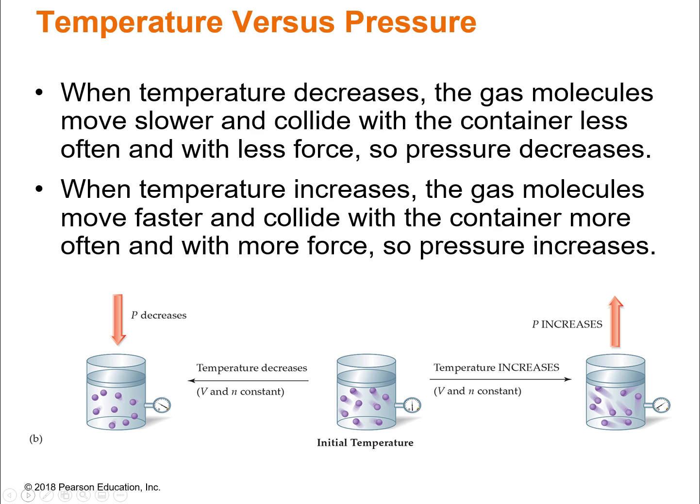They've got less energy. So they're colliding with the container less often, not as forcefully. That means your pressure is also going to decrease. What that boils down to is if you decrease the temperature, the pressure will also decrease.